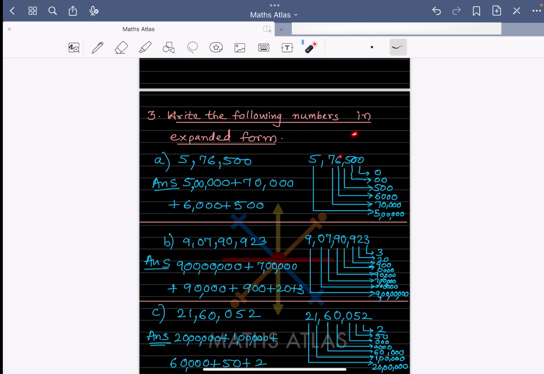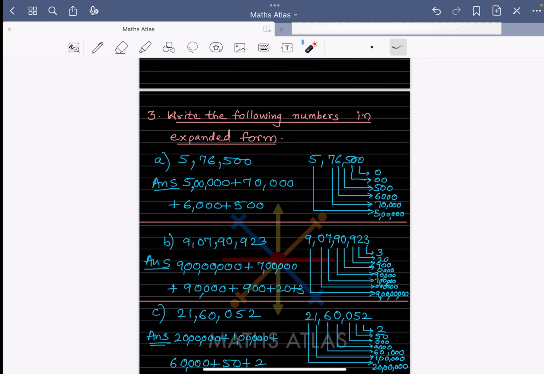Then 6 is on the thousands place. 6 into 1,000 is 6,000. Then 7 is on the 10,000s place. 7 into 10,000 is 70,000. Then 5 into 1 lakh is 5 lakhs. Whatever is here, I have written in the reverse order over here: 5 lakhs, 70,000, 6,000, and 500.